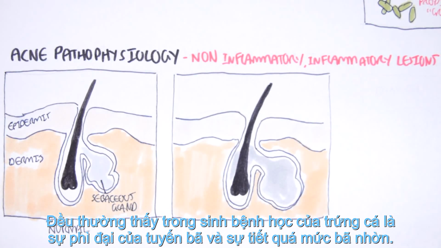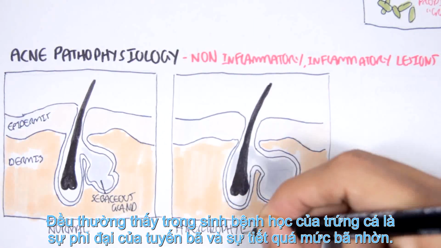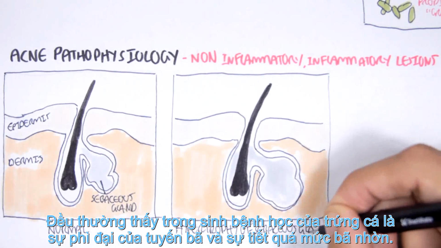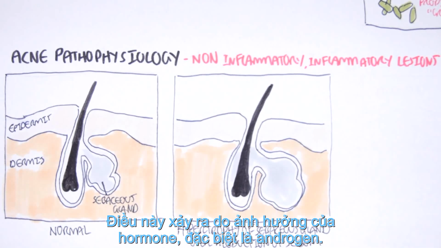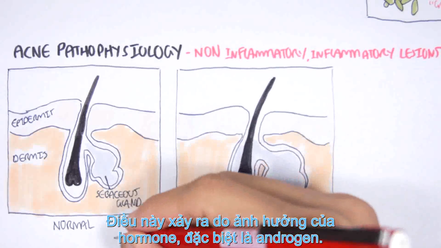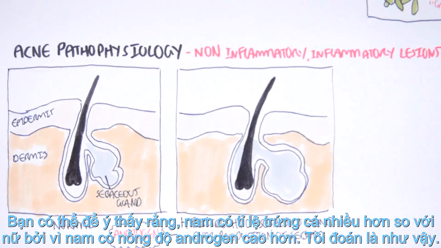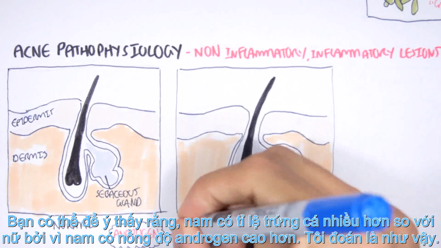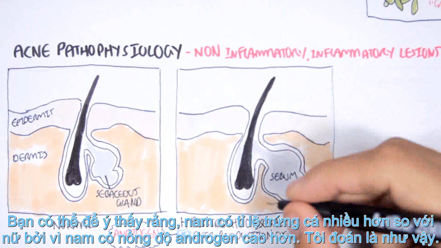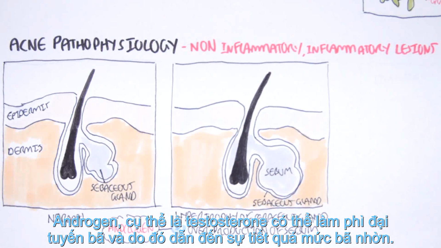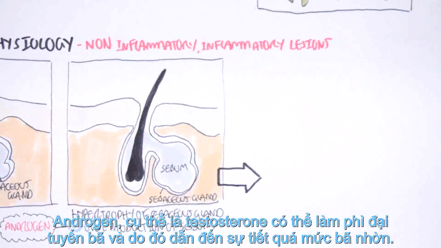So what normally can happen in acne pathogenesis is that there can be hypertrophy of the sebaceous glands and overproduction of sebum. This is caused mainly by hormones, androgens in particular. And you might notice that typically more men have pimples than women, because men have higher androgen levels, I guess. So androgens such as testosterone can cause hypertrophy and therefore overproduction of sebum.